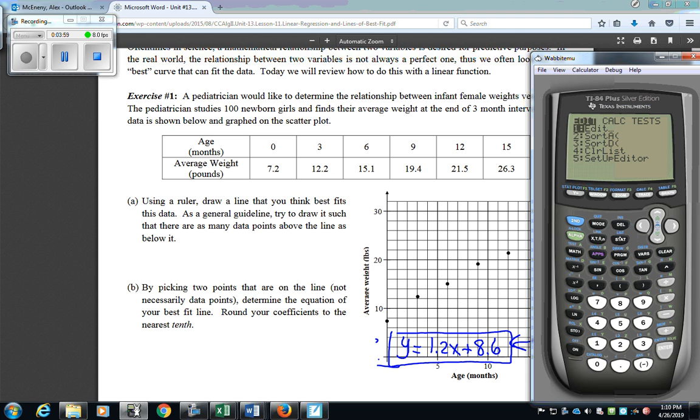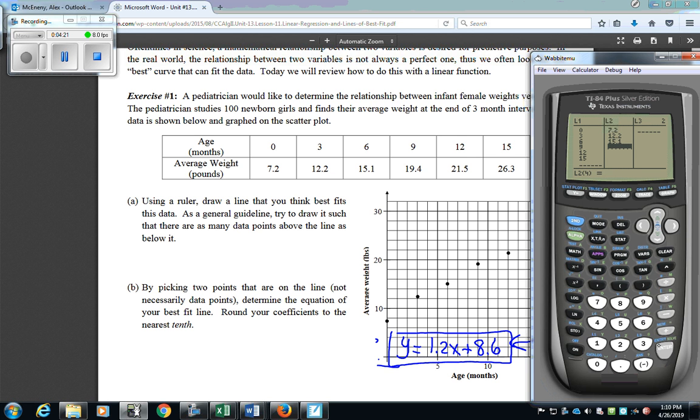If you do stat and enter on edit, then you can put in your age values, and you can put in your weight values. So that's what I'm going to do right now.